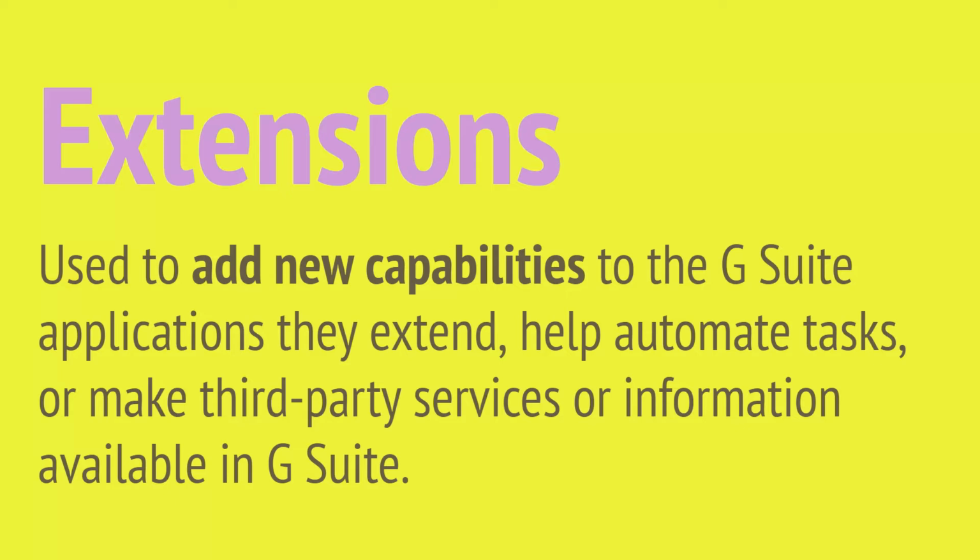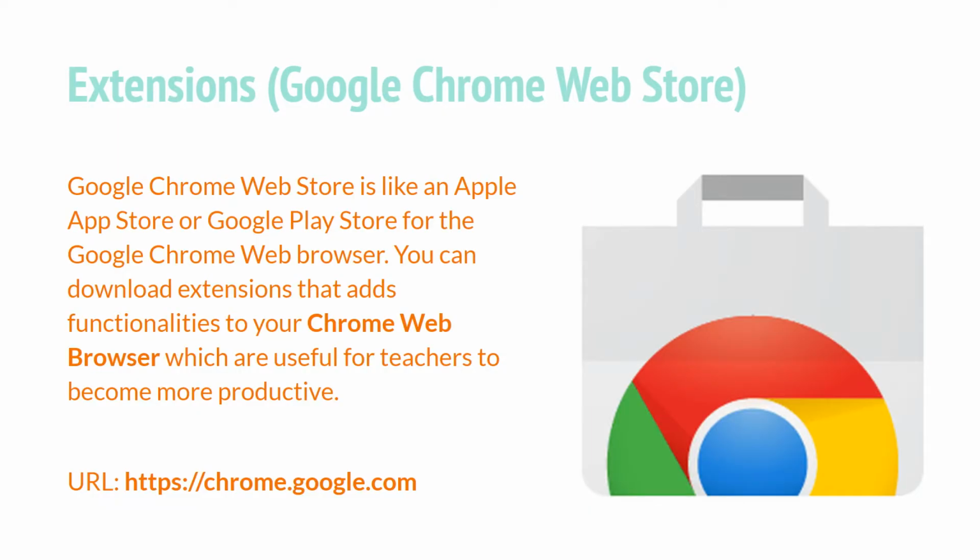Okay, next, we are already in the extensions. How to add new capabilities to the G Suite applications, which are used to extend, help automate tasks, or make third-party services or information available in G Suite. So the keyword here when we talk about extensions is to add new capabilities. For the extensions on your Google Chrome, you actually download them from the Google Chrome Web Store.